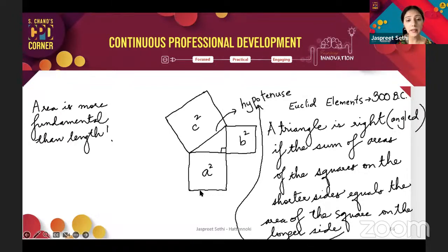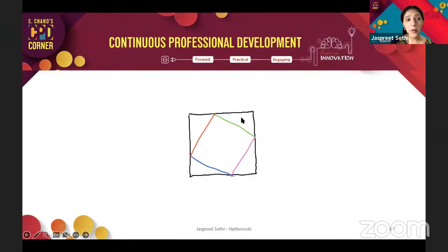So this is one area for one of the legs, and this is another area. And we're trying to say that the sum of these two areas is equal to this. So the theorem goes like that in Euclid's Elements: a triangle is right angled if the sum of the areas of the squares on the shorter sides equals the area of the square on the longer side. Now, where is the proof? The beauty of math is that we can prove it. So I've tried my best.